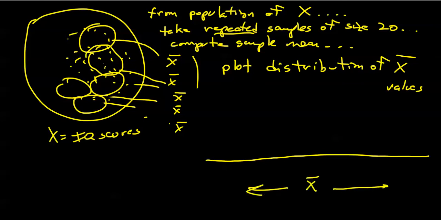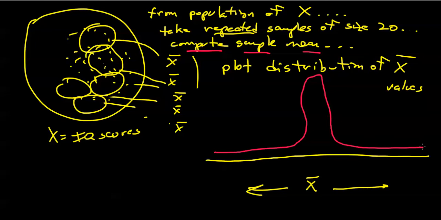And because of that dampening effect in computing the sample mean, it's going to be less likely to be in extreme ranges and more likely to be in the neighborhood of the population mean. Believe it or not, that's supposed to be a bell-shaped curve.